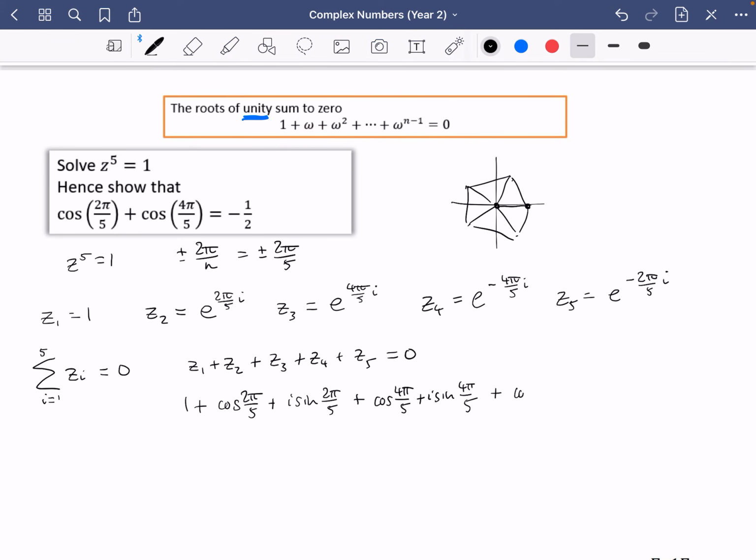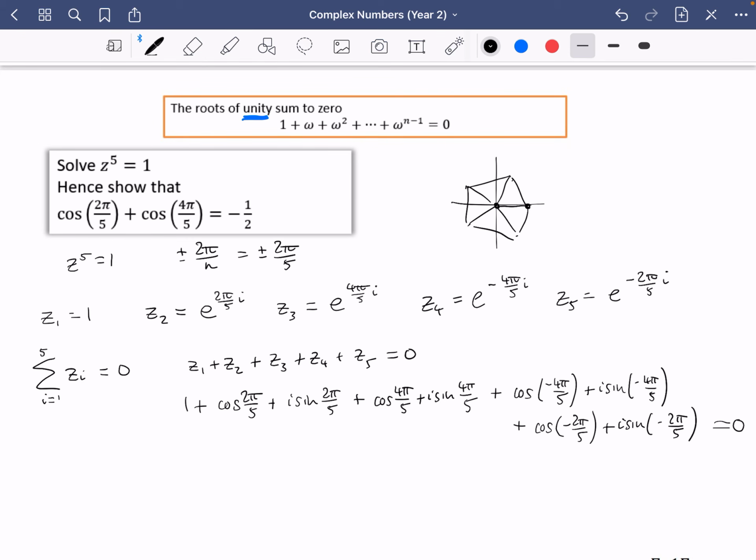Z4 is going to be cos of minus 4 pi over 5 plus i sine of minus 4 pi over 5. And Z5 is going to be cos of minus 2 pi over 5 plus i sine of minus 2 pi over 5. And that is equal to 0.